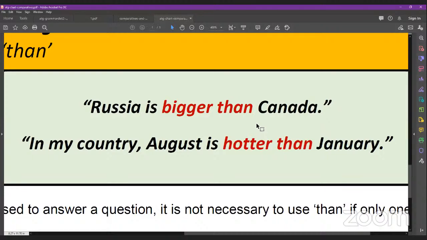One rule is missing. Who can remember? Who can tell me what rule is missing? What spelling rule is missing about the comparative form of the adjective?